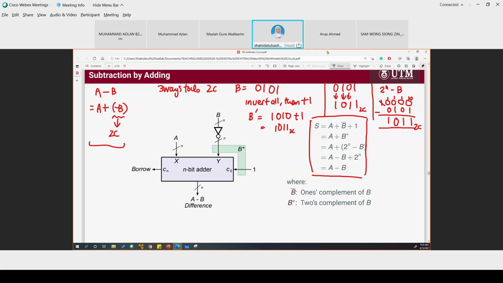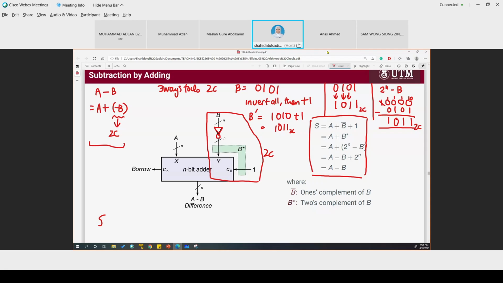what we do is we flip B once, and then add with 1. So actually here we are calculating the 2's complement of B, with 1 additional gate to the adder, so that we can get the difference.